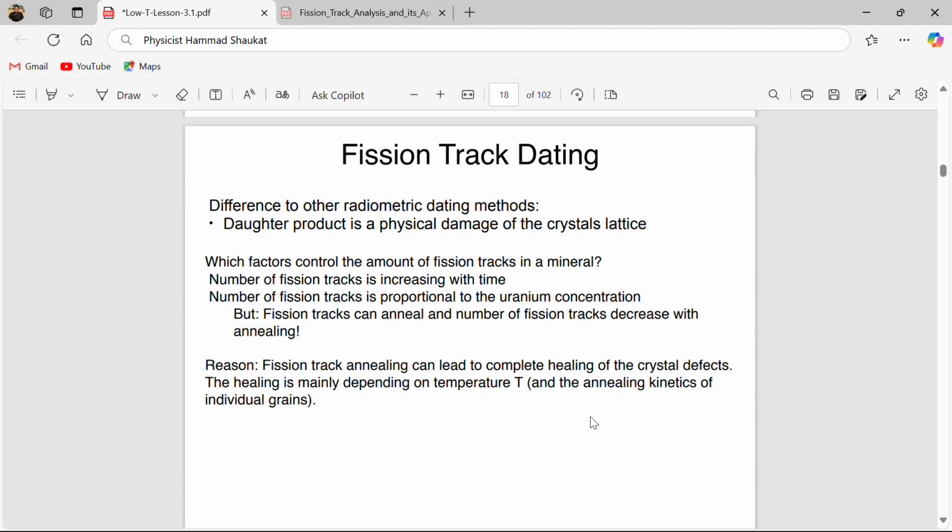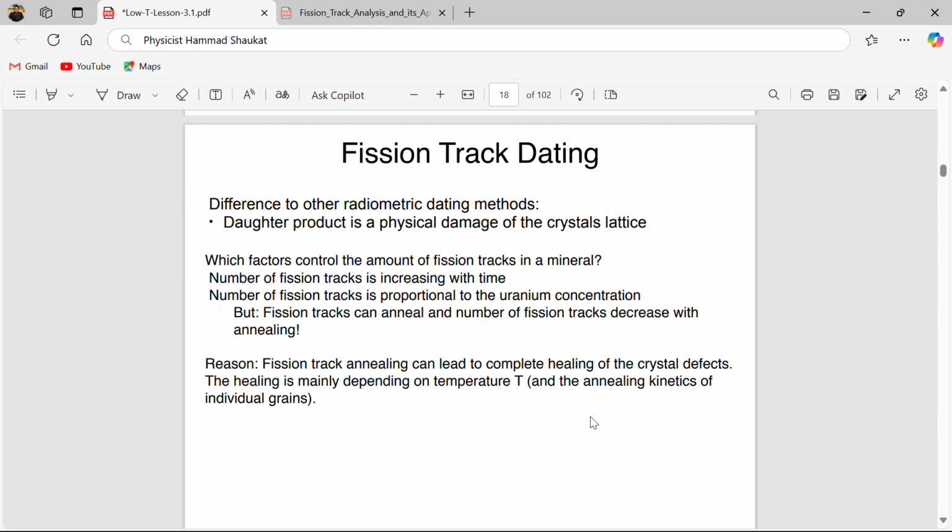So annealing is a process in which you heal the crystal defects. The healing mainly depends on temperature, so you can increase or decrease the temperature to go for annealing. And annealing is for the individual grains.